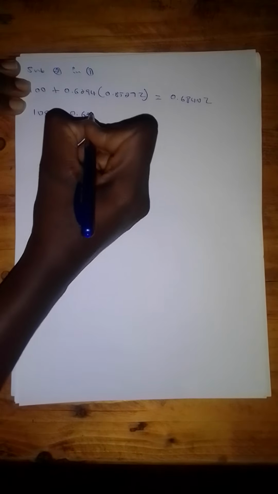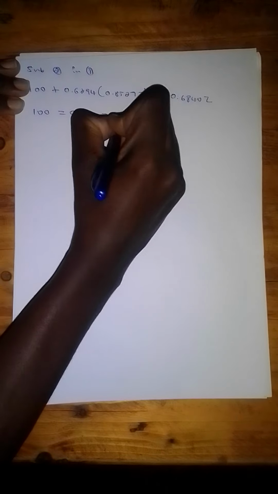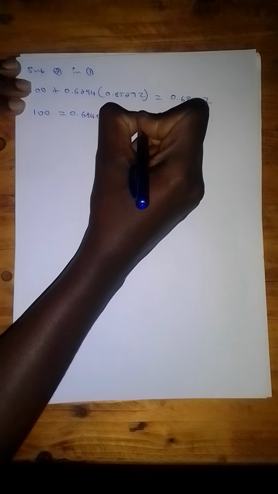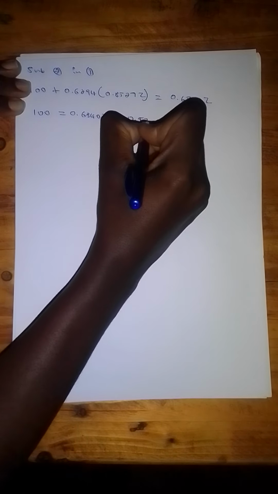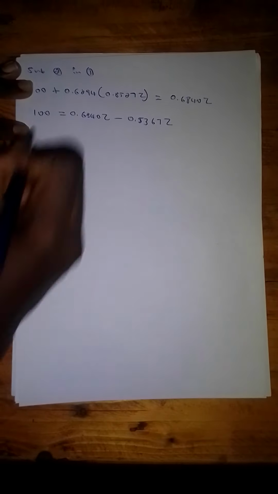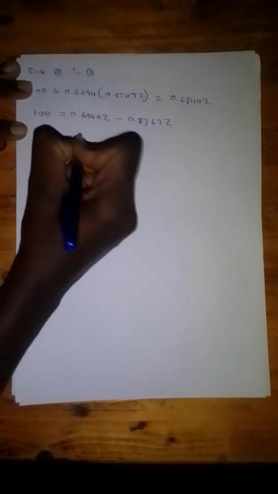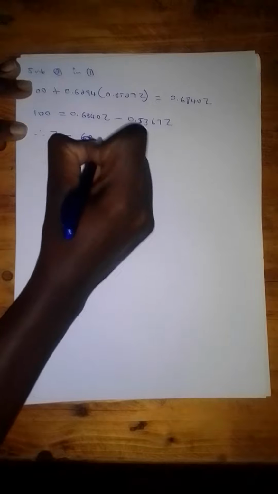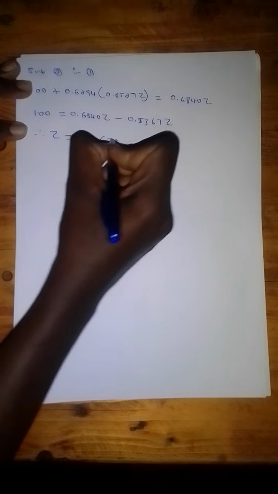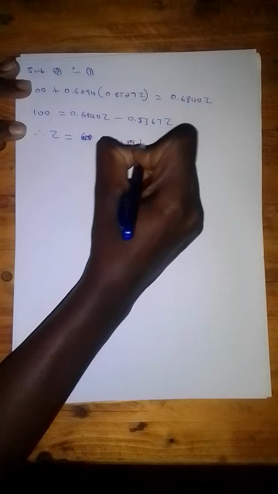Moving further, as we simplify it, we are left with 100 is equal to 0.6840Z minus 0.5367Z, right? And if you do the calculation, you'll find that Z becomes 678.89 kilograms.